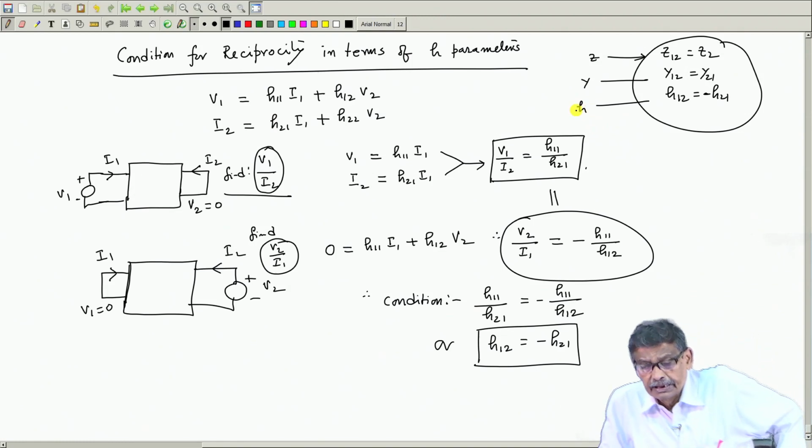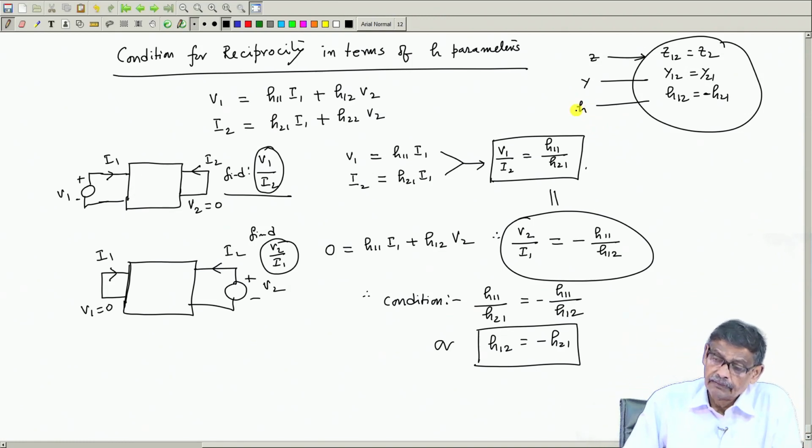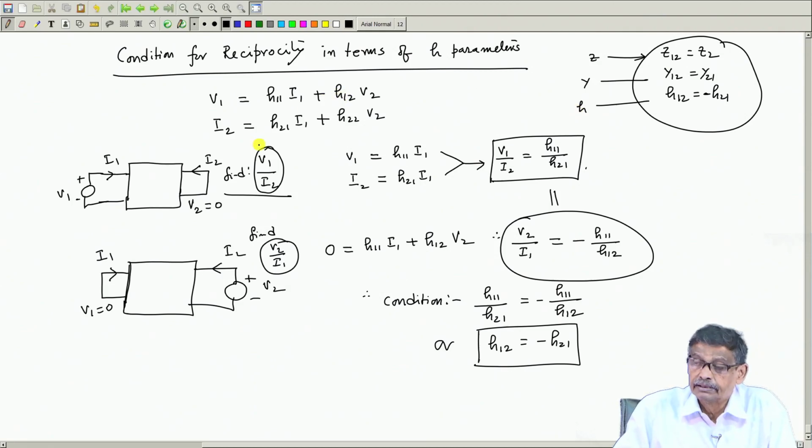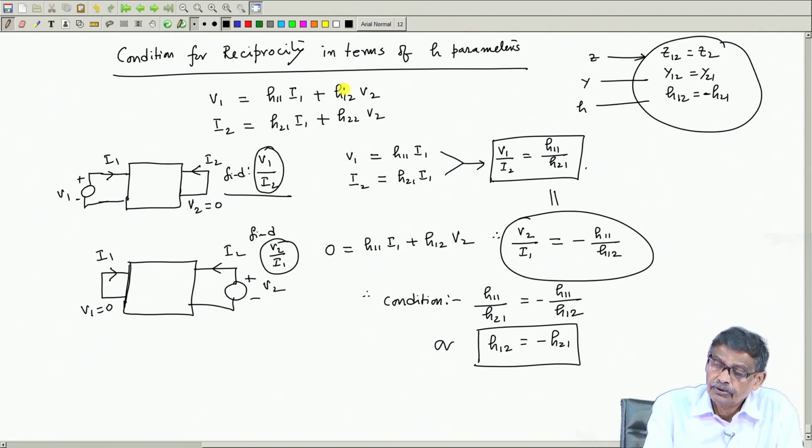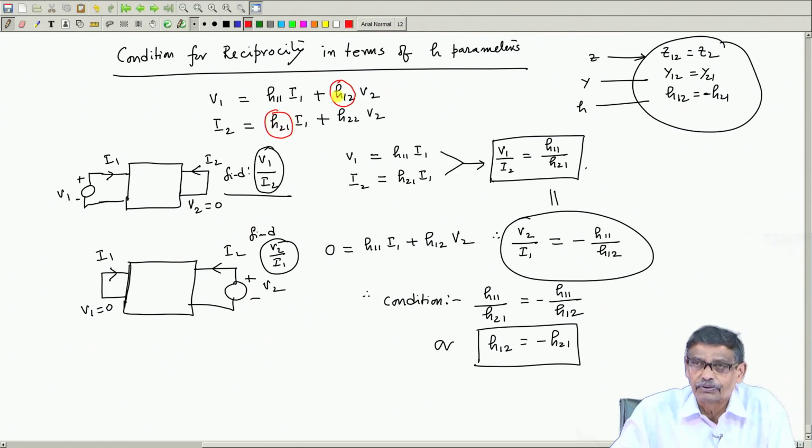Therefore, looking at the parameter values, to establish whether it is reciprocal or not, look at the off-diagonal elements here, that is this element and this element. If it is 2 and if this is minus 2, then this must be reciprocal.